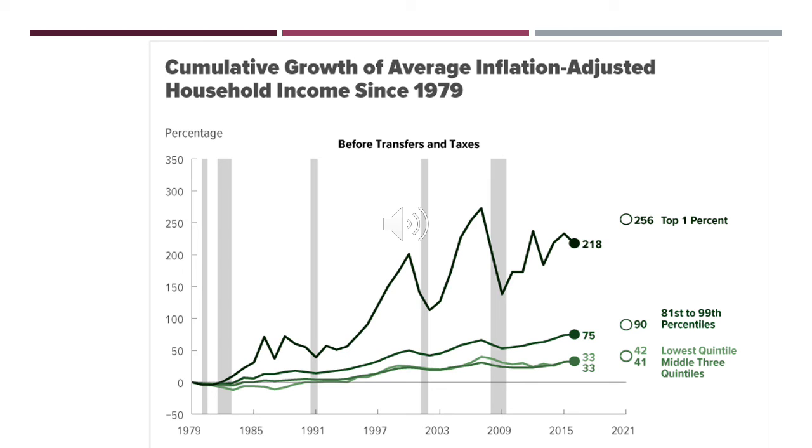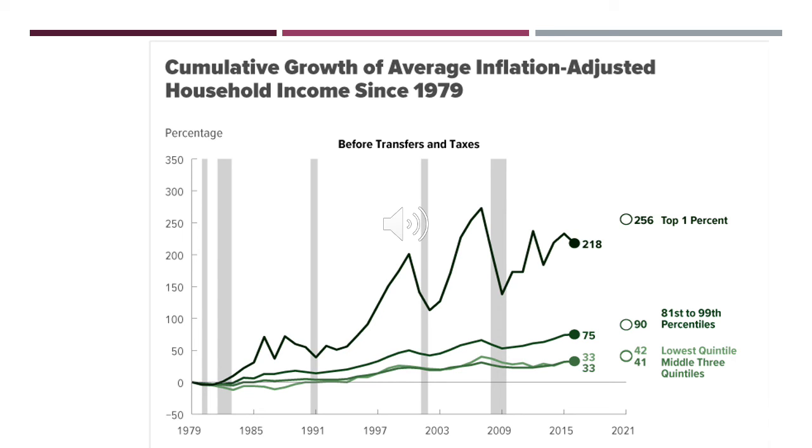Then if you look at the rest of the top 20%, represented here by the next line from the top, that represents the 81st to 99th percentile. So basically, the top 20% minus the top 1%. You can see that they've experienced 75% growth in inflation-adjusted dollars compared with 1979.